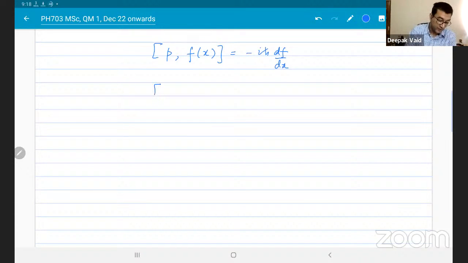And similarly, if you take the commutator of x with any function of p, what do you get? You get i h bar df by dp. And I think you'll probably need to put an h bar in the bottom over here, i by h bar.